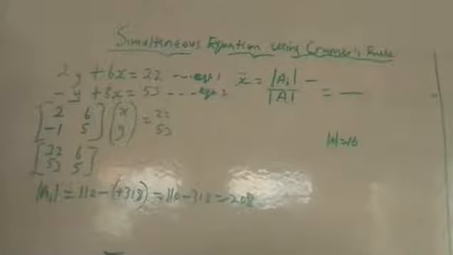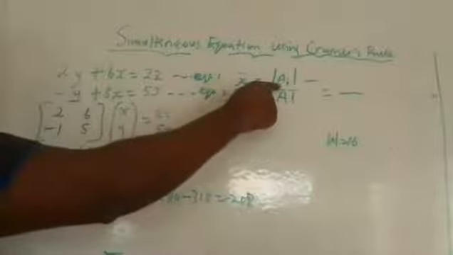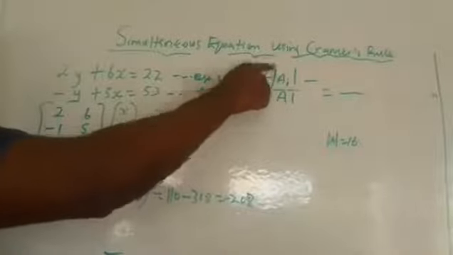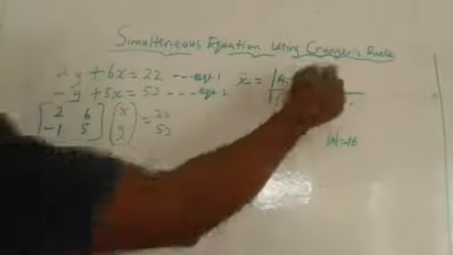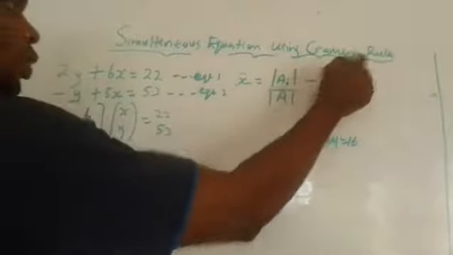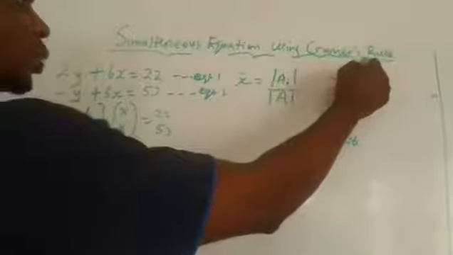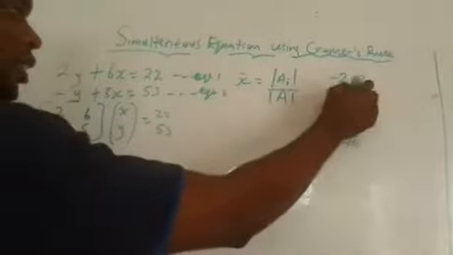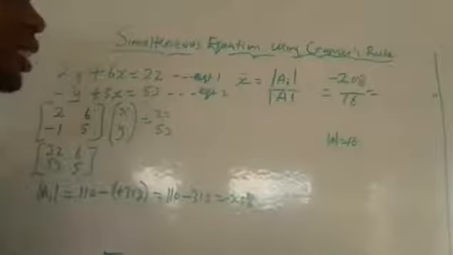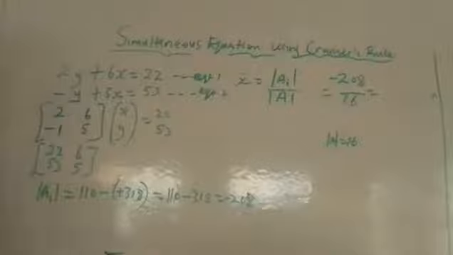Now, when you get minus 208, you just use your Cramer's rule. This special determinant that we have gotten, which is minus 208, we put it here, over our determinant, which is 16. So we just find minus 208 divided by 16.